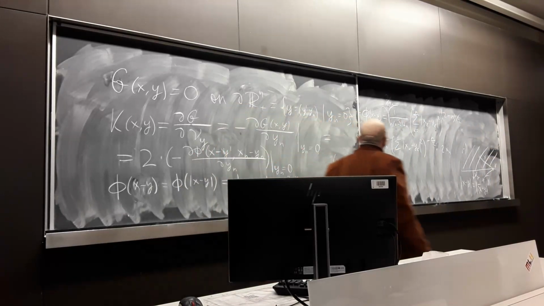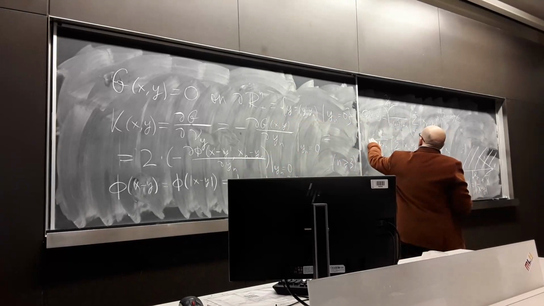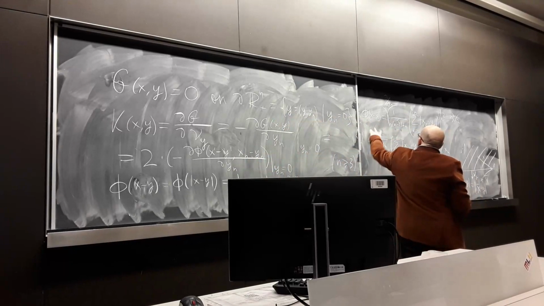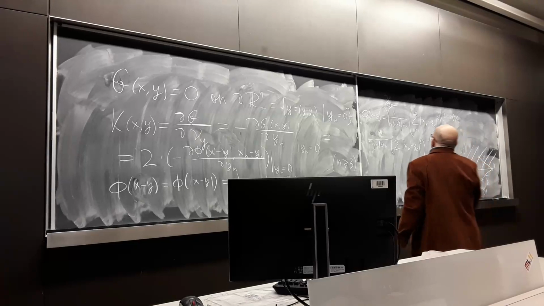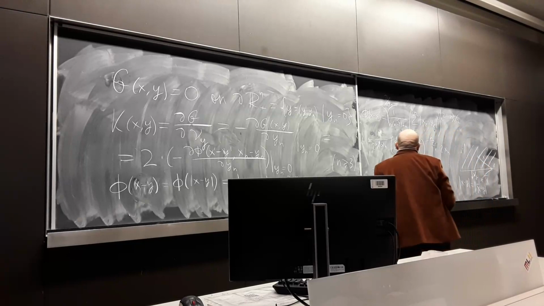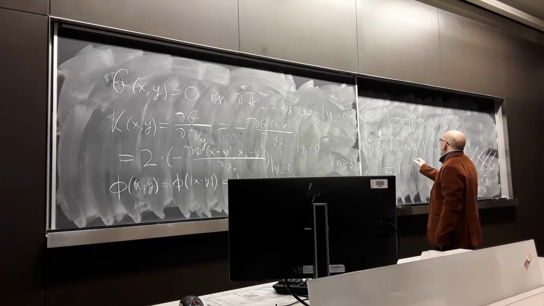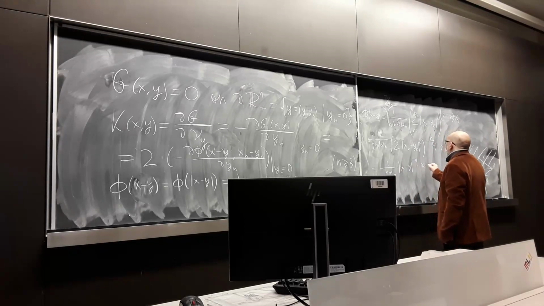Yeah, minus 1 equals minus 1 over n alpha n, x minus y to the power minus n times x_n.